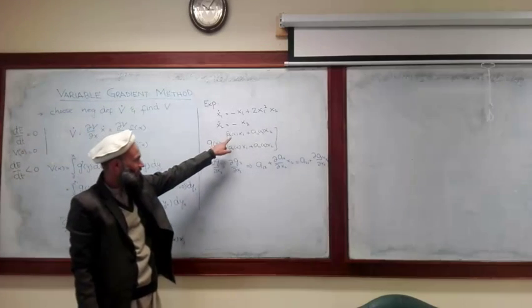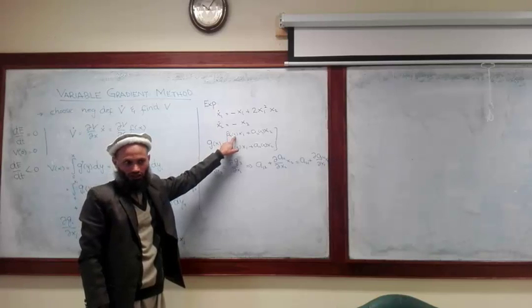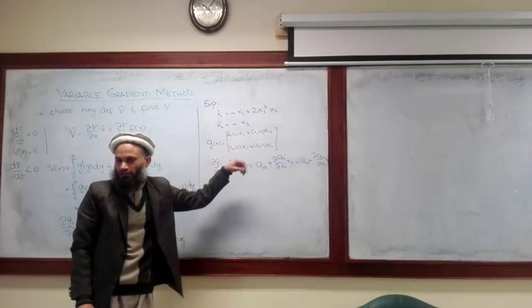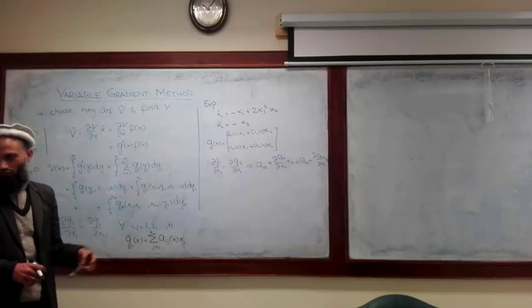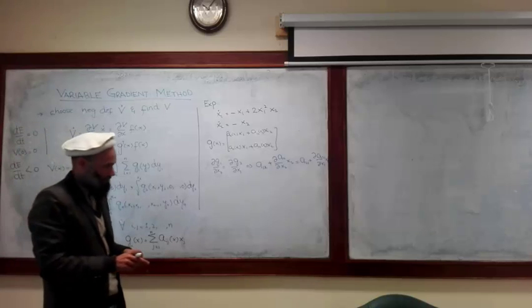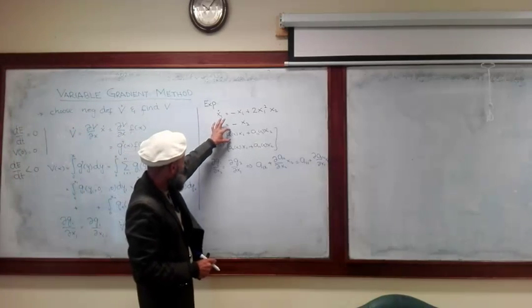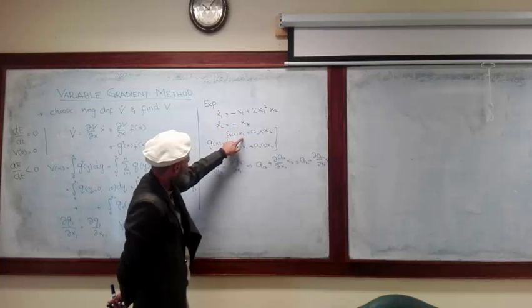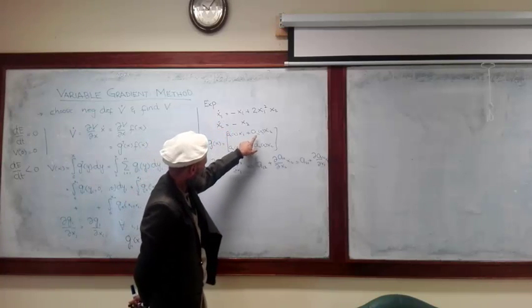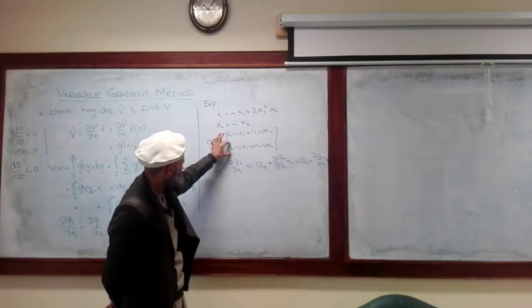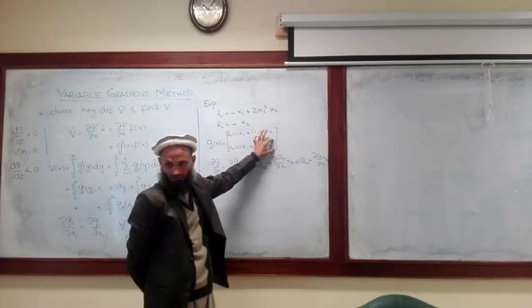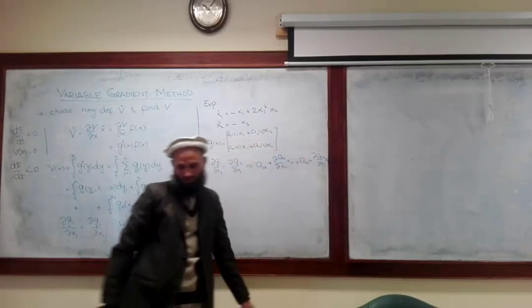More general would have been when A11 is a function of both x1 and x2. Less general means less freedom, however simple. More general means more freedom. So we have lost some freedom, but it will be easier to handle. So its partial derivative with respect to x2 of this term is 0. Its partial derivative with respect to x2 comes out to be this one. Similarly, the partial derivative of this with respect to x1 is written over here.